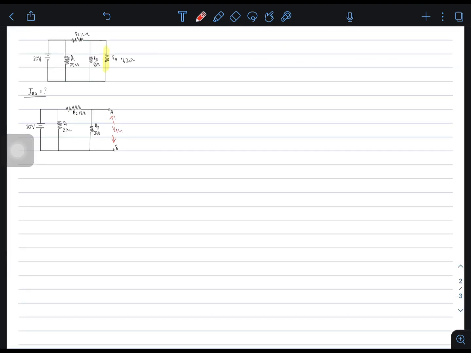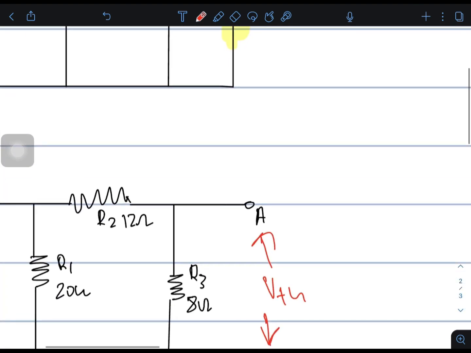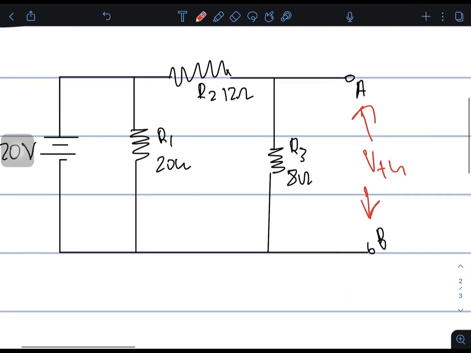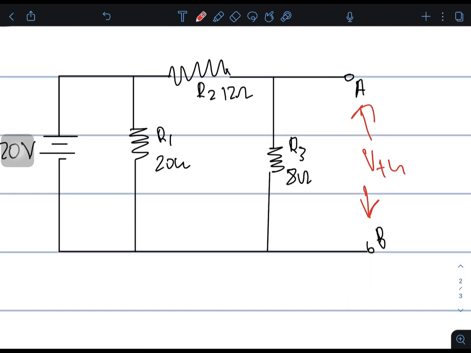How can you find the voltage between terminal A and B? This is how, guys. Terminals A and B are connected across the resistor R3.